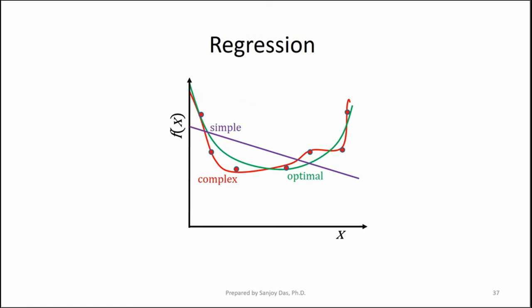This is the same thing for regression, and this is not model complexity anymore along the x-axis. It's some x, and this is f of x. And so we have regression samples, these red dots, and the simple model is the purple line. It doesn't do a good job. It tries to fit a straight line to this data, which obviously is not a straight line.